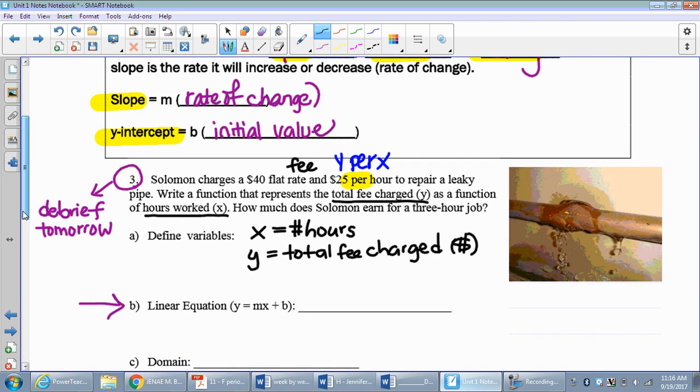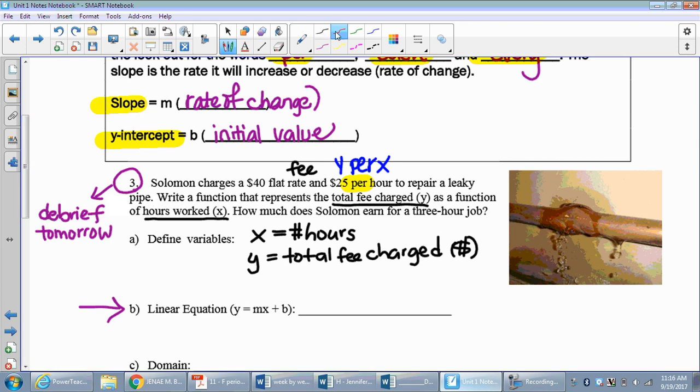Now, to be able to write our linear equation, we need to identify 2 super important pieces of information, m and b. $25 per hour is my rate. And then I say, well, what was the initial fee? Is there an initial cost? And I see here, $40 flat rate fee.